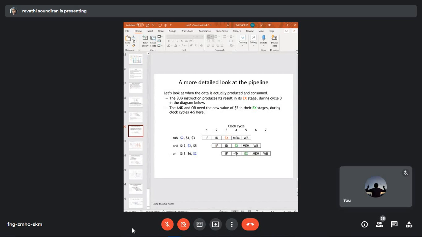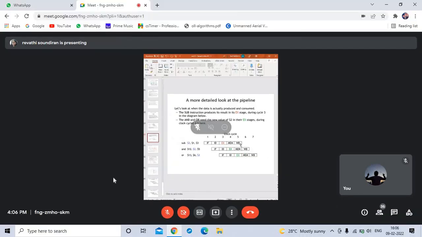Similarly, the execution of this instruction requires the value of the second register during the fifth clock cycle. During that time only, it has the control signals to write back the value. So this write back is dependent on your fifth clock cycle.